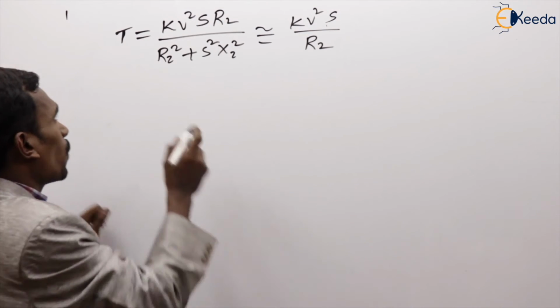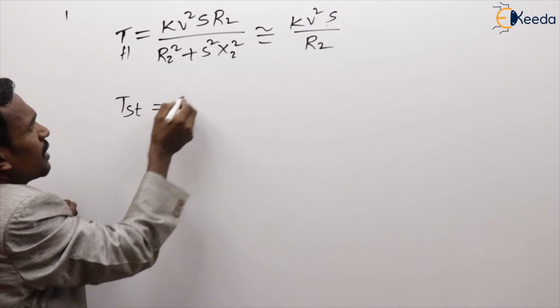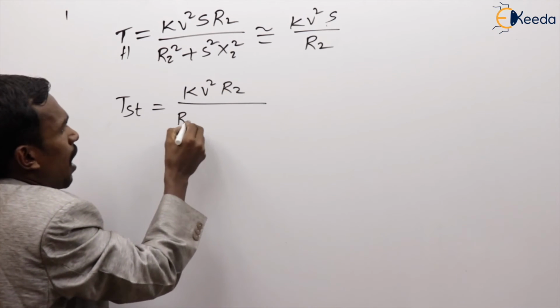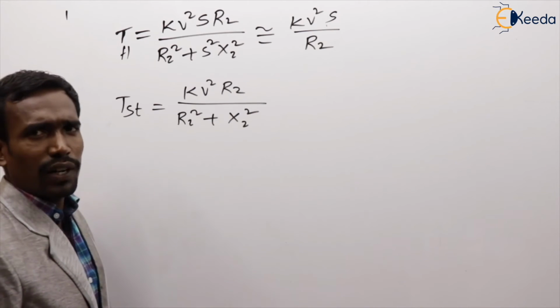Right. What is the starting torque formula? Kv square into R2 by R2 square plus X2 square is the starting torque formula.